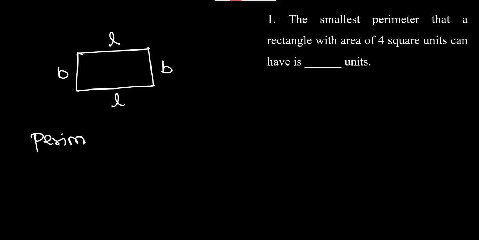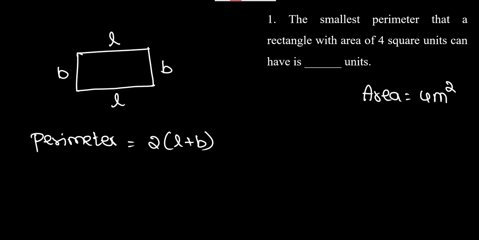But now the question is: what is the smallest perimeter required so that the area of the rectangle becomes 4 meter square? Then how many meters should the perimeter be?